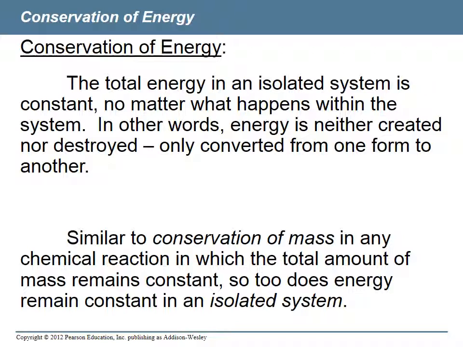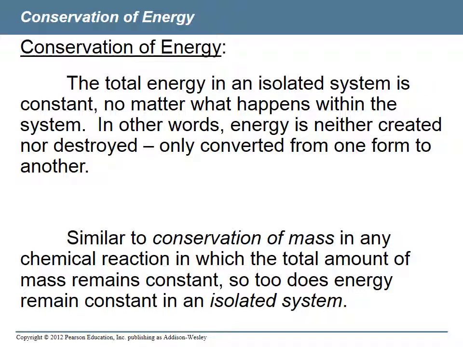It's similar to the conservation of mass, which you might already be familiar with. If you have a chemical reaction, then two things chemically react together to form something new, or break apart into two other things, and the total mass remains the same, right?